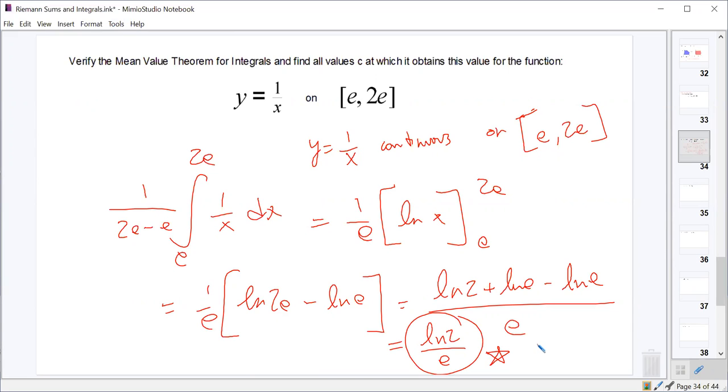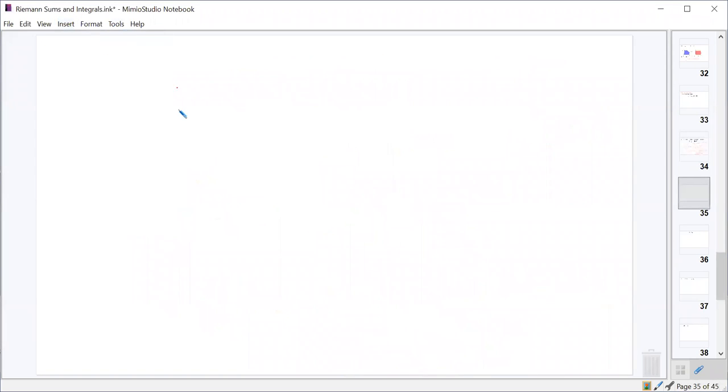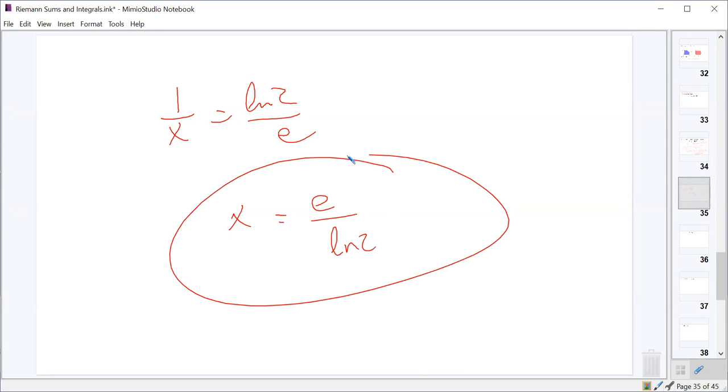This is the average value, and I'll get a new page here. 1 over x equals natural log of 2 over e gives us an x value equal to e over natural log of 2. So the average value is natural log of 2 over e, and it occurs at e over the natural log of 2. Any questions or issues there?